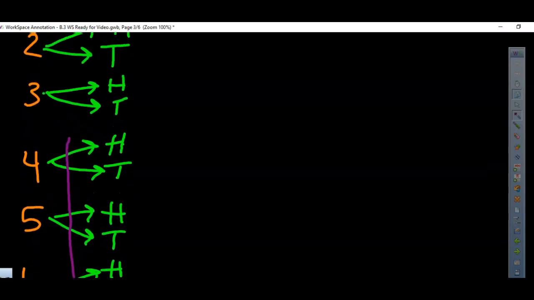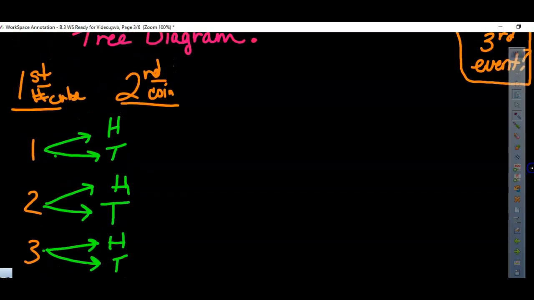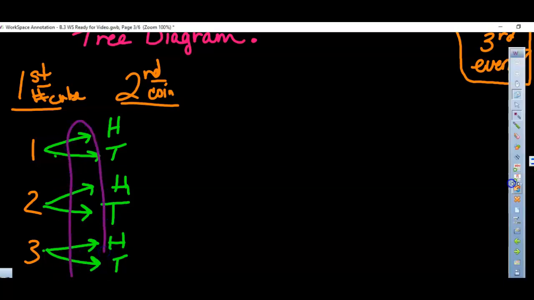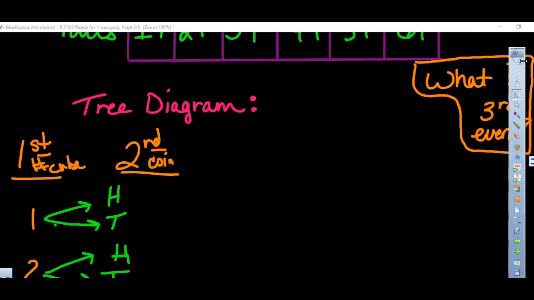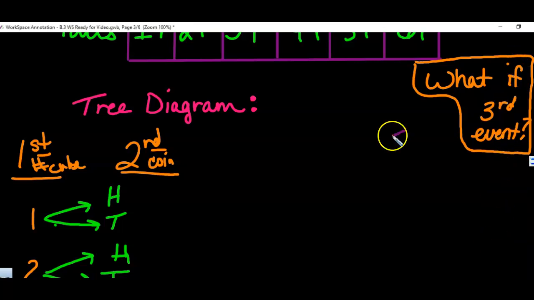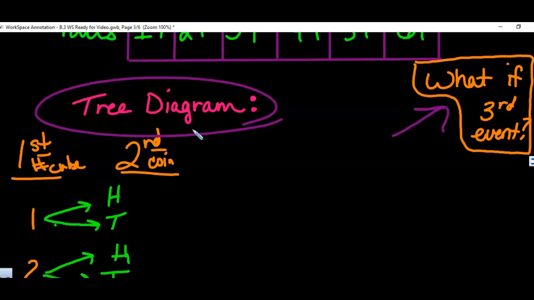And we see there's 2, 4, 6, 8, 10, 12. Okay, 12 of them. Now, let's say we had a third event. Okay, so over here I have a little question. What happens to these tree diagrams if we have 3 events? I told you tree diagrams were specifically made for this reason.